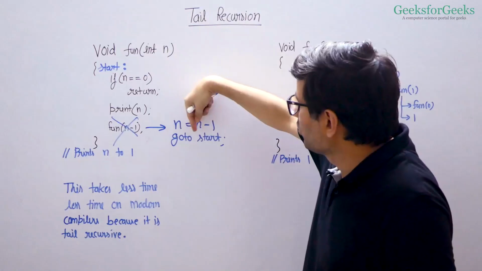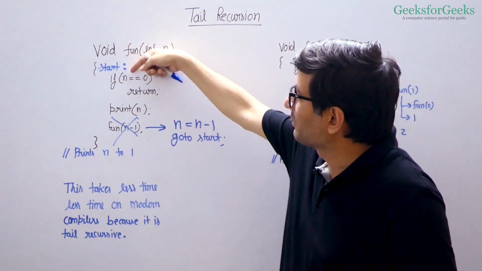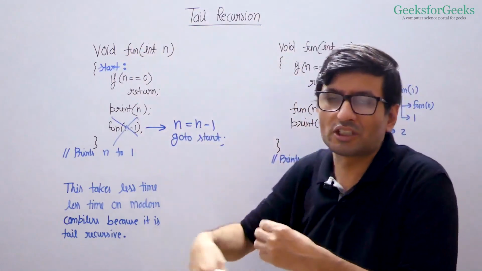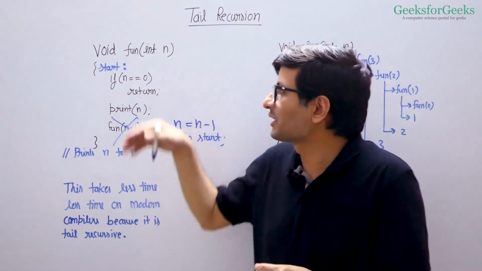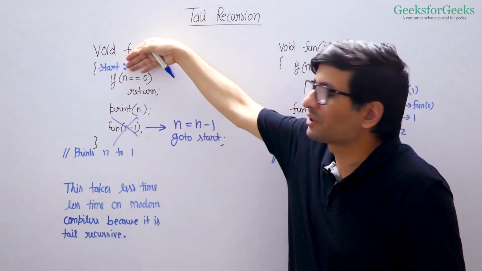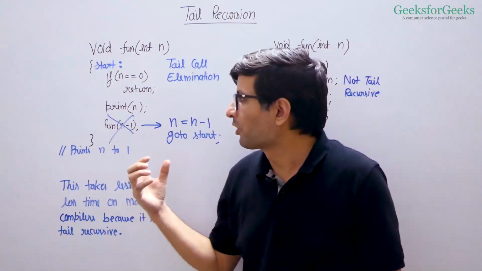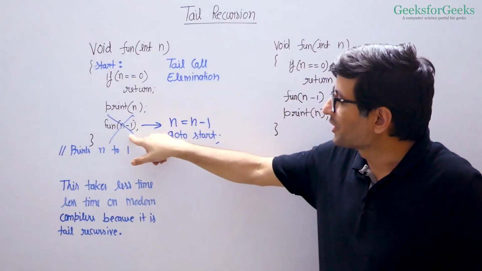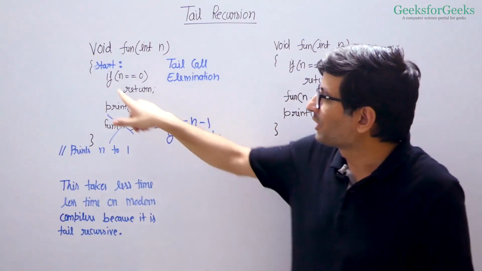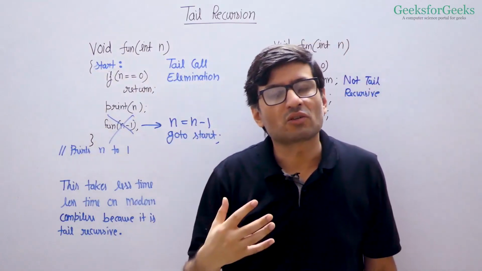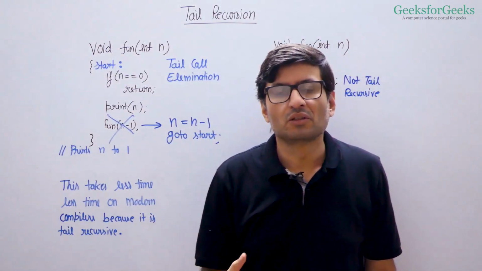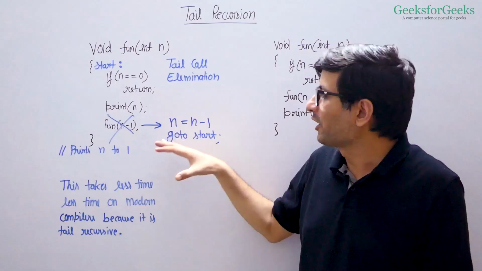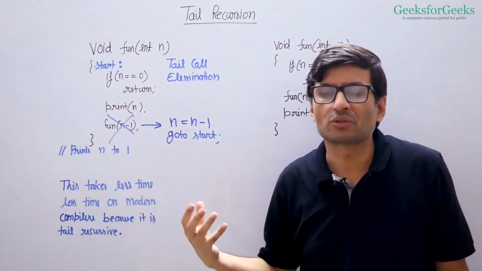It's goto this label, and this label begins the execution again from here. So you're just changing the parameters of recursion, and then you are sending the control back to the beginning of this function. These changes that modern compilers make, changing the parameter, then adding goto, and then adding a label, are called tail call elimination. Modern compilers do tail call elimination to optimize the code.